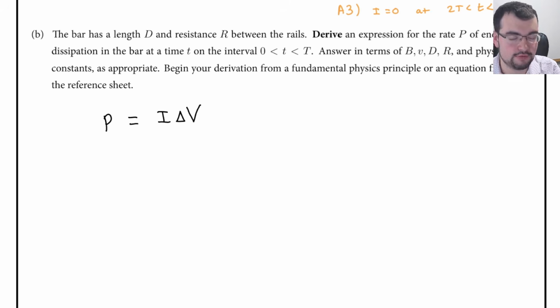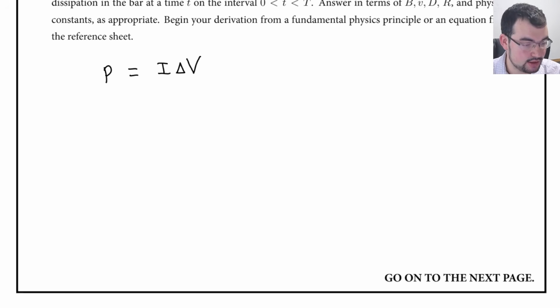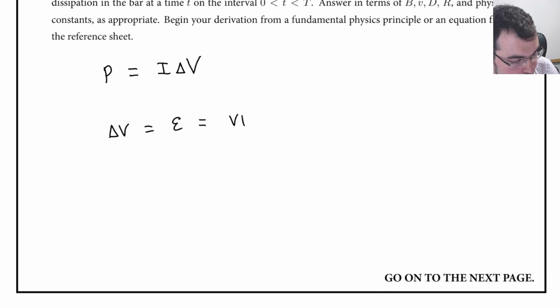If you know the shortcut formulas like I squared R or V squared over R, that can simplify a step for you. So we need the current through the bar and the potential difference across the bar. The first step is recognizing that this is a motional EMF problem. So we had to figure out that delta V was the Hall effect voltage, which is just vBL, or in this case, vBd.